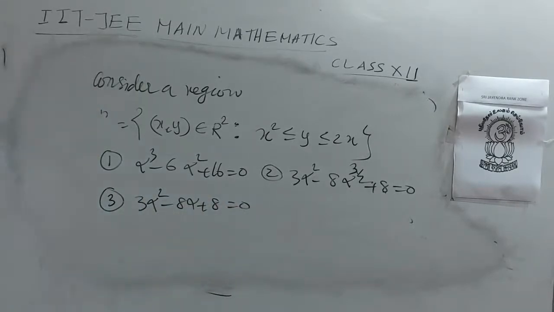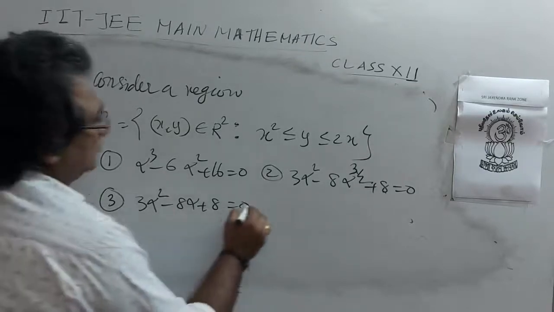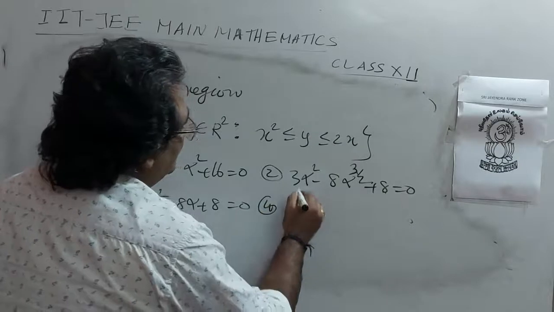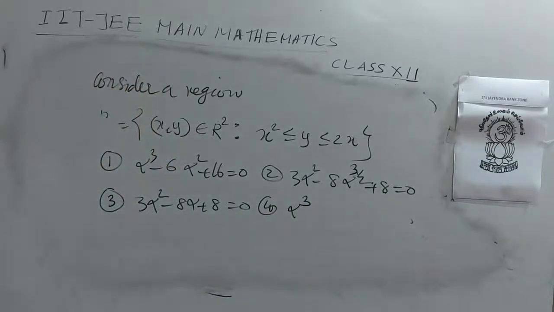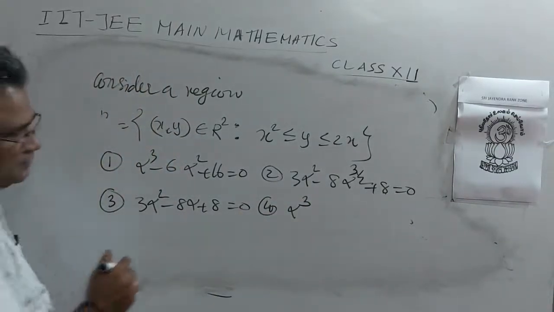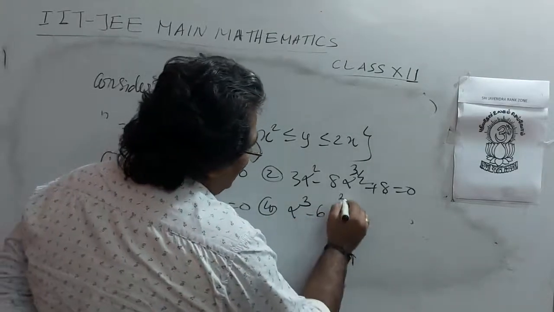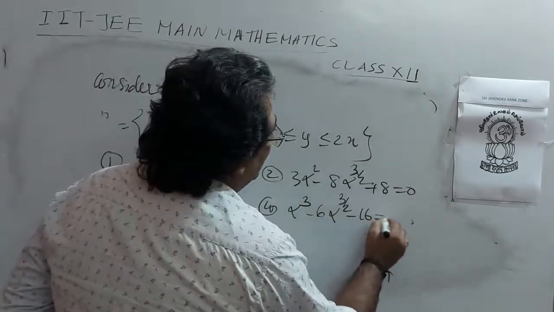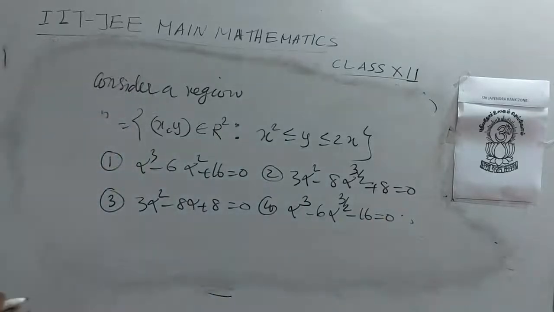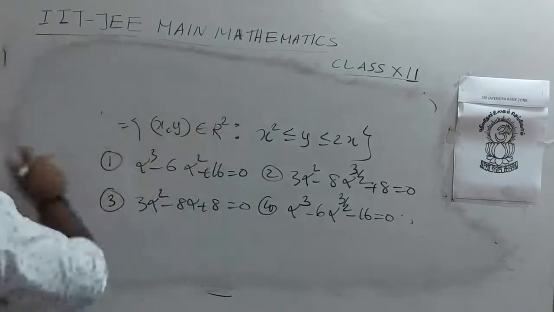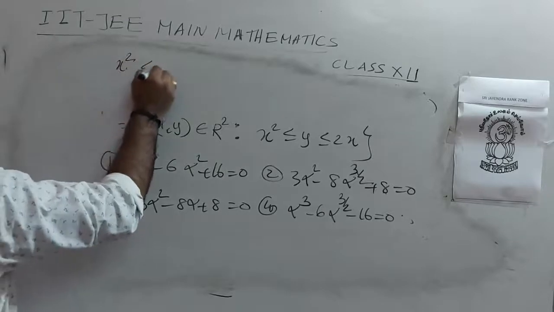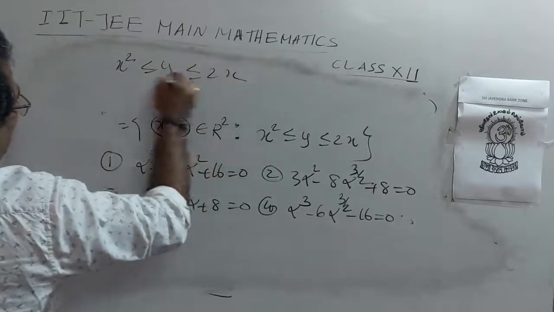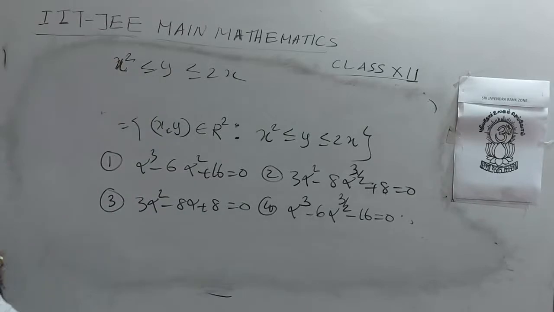Option 3, 3 alpha squared minus 8 alpha plus 8 equal to 0. Option 4, alpha cubed minus 6 alpha power 3 by 2 minus 16 equal to 0. x² ≤ y ≤ 2x.